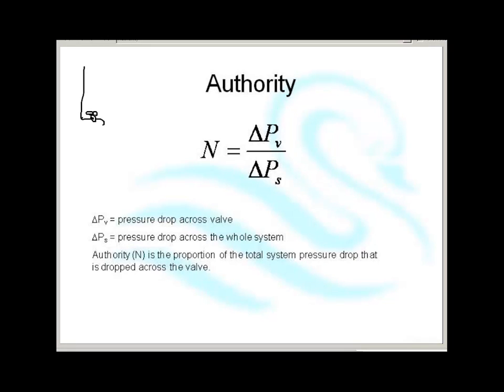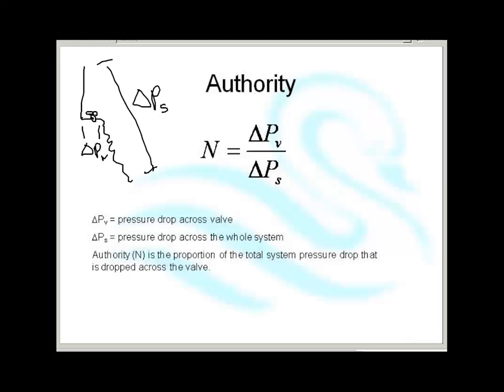For the hose pipe, the authority is, that's the pressure drop across the valve. That's the pressure drop across the whole system. What the authority is, is how much of the entire system pressure is dropped across the valve.